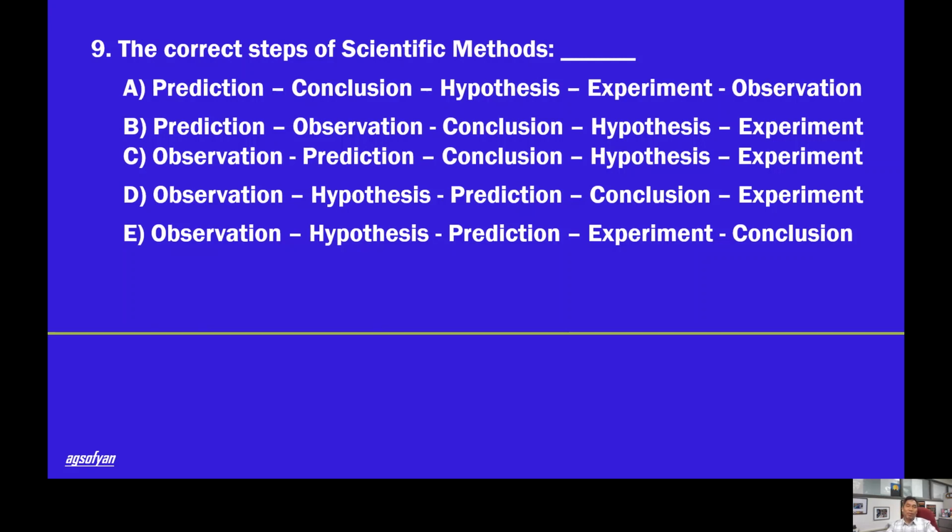Number 9. The correct steps of the scientific method. A. Prediction, conclusion, hypothesis, experiments, observation. B. Prediction of observation, conclusion, hypothesis, experiment.